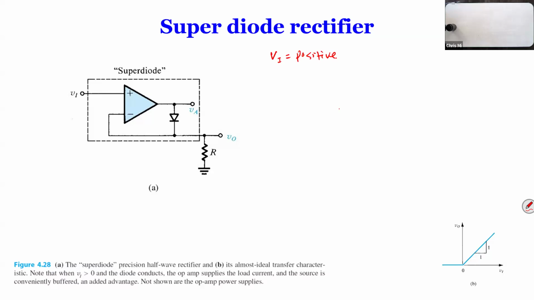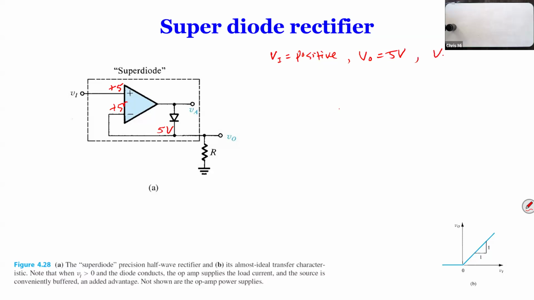So the voltage here is going to be positive, let's say 5 volts. At the negative terminal, it's going to be 5 volts. And at the bottom of the diode, it should be 5 volts because that's just a wire. So your VO is equal to 5 volts.